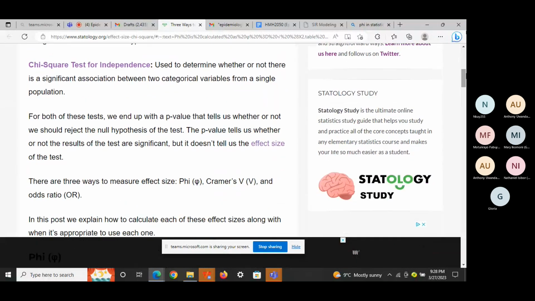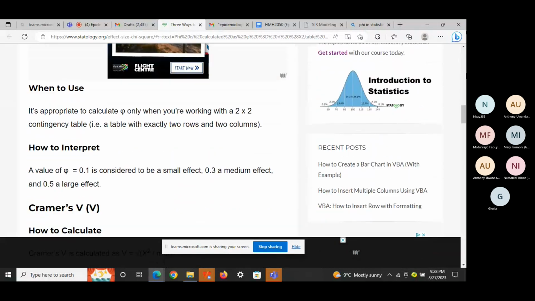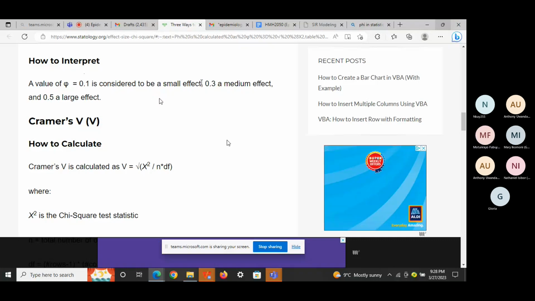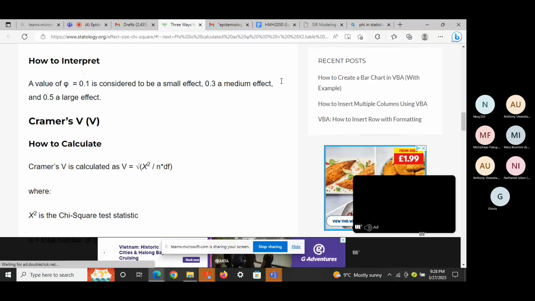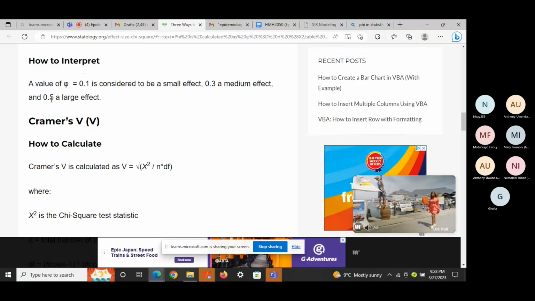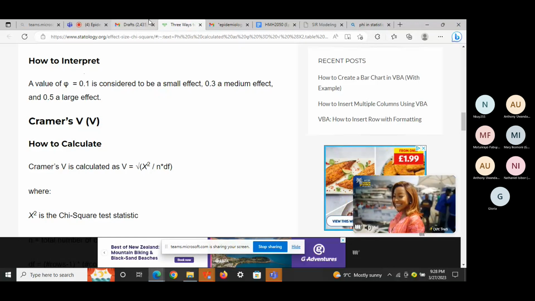When it is 0.1, it is considered a small effect. When it's 0.3, it's a medium effect. And 0.5 and above is a large effect.